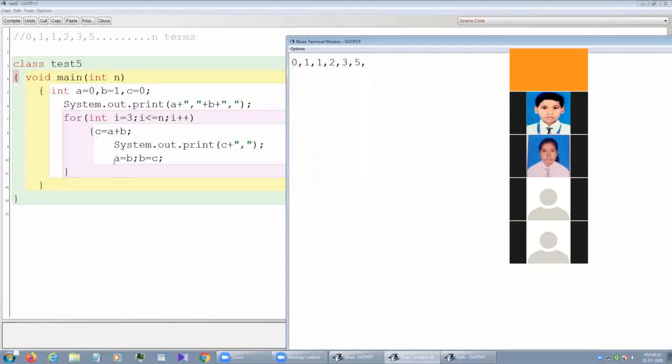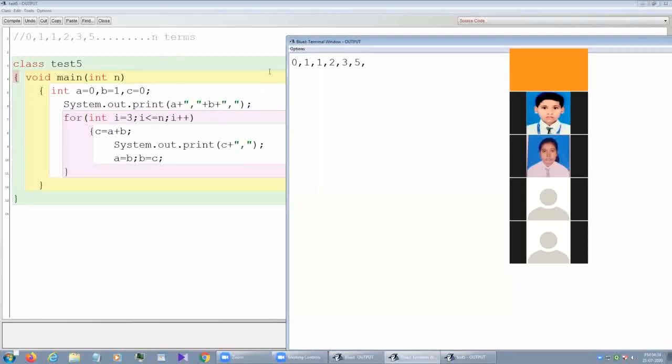Then I became 4, correct? Yes sir. Then C equal to A plus B. What is the value of C now? 1 plus 1, 2. Then System.out.print C. What will it print? 2. In the series we have 2, yes or no? Yes sir. After that A equal to B. What is the value of A now? A is equal to 1. B equal to C. What is the value of B now?